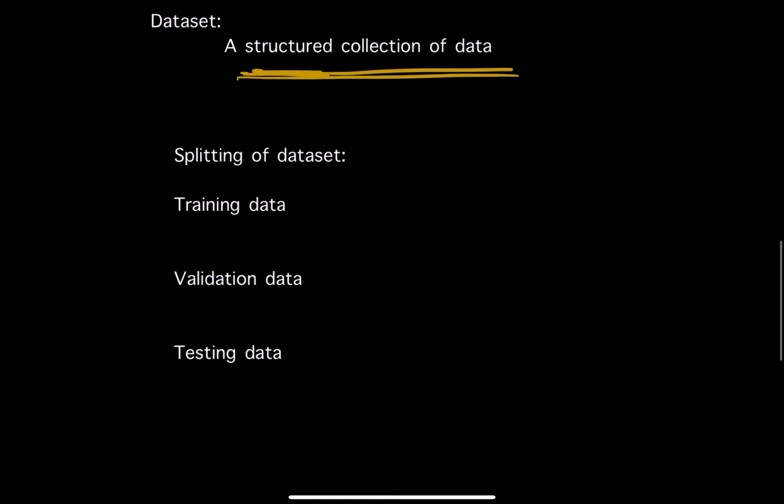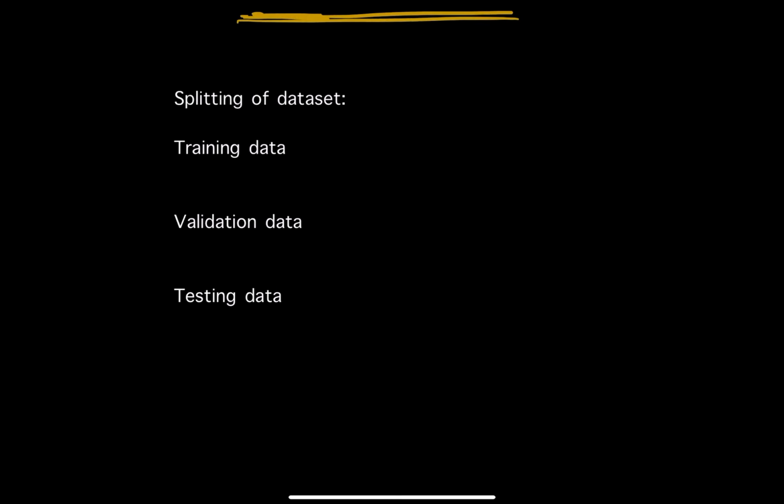Now, let me give you one small example. We have already discussed classification of emails as spam email and not spam email in the last video. Let us take the same example again. Now I am taking a data set which contains 100 emails.